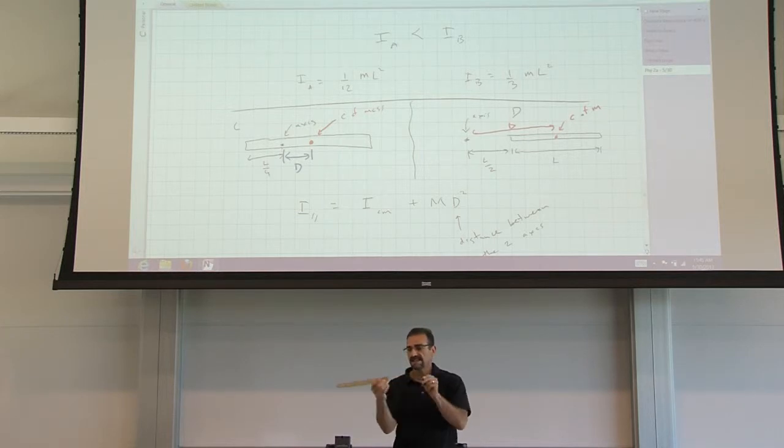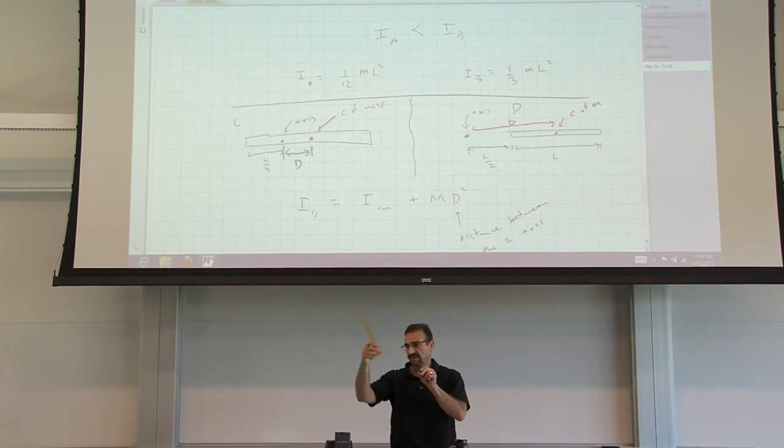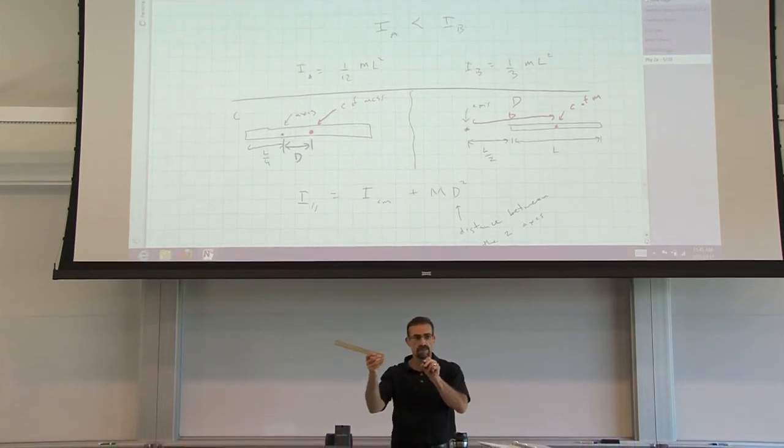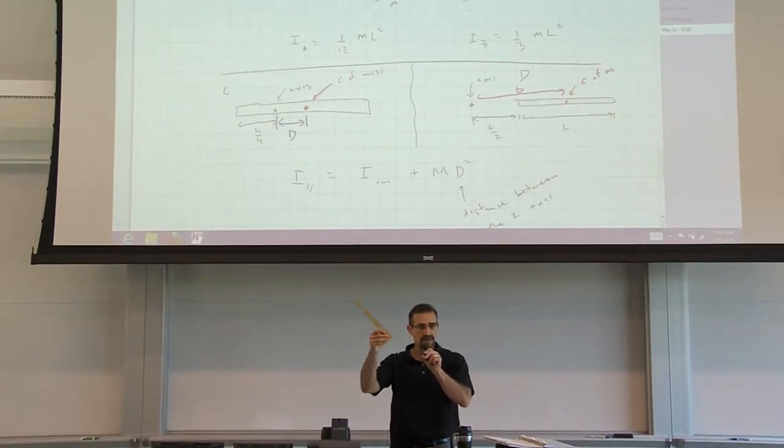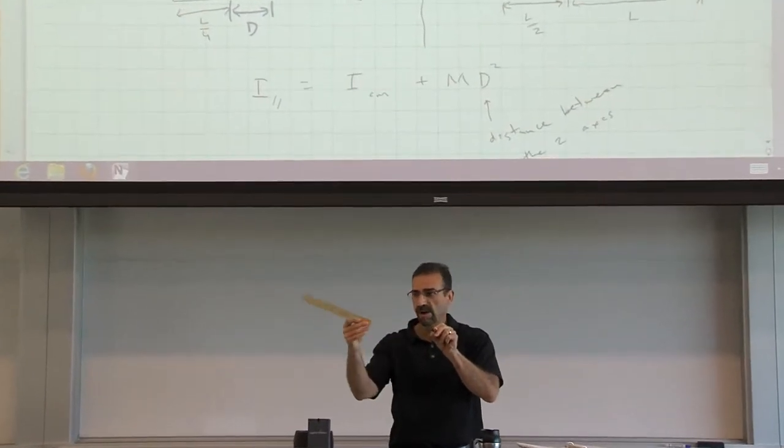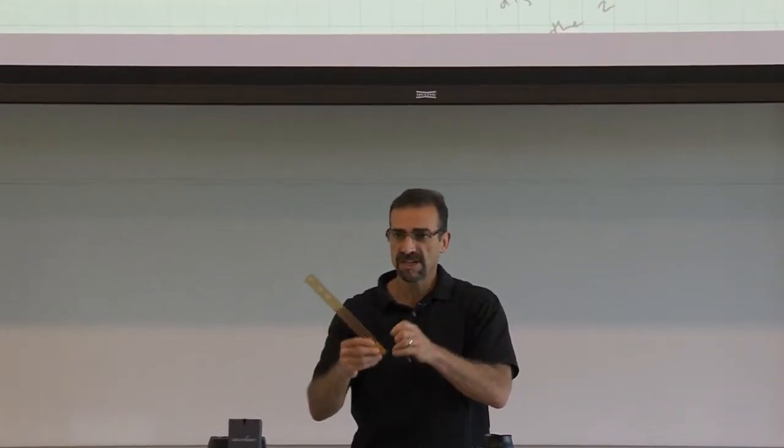In the second case, it's out here. Everything is much further away, and each little part of the stick contributes m r squared, so we're making r much bigger. So the rotational inertia is going to be much greater in case D. So just think about things like that so that the answers make sense. So 7/48, much smaller than 13/12, right?